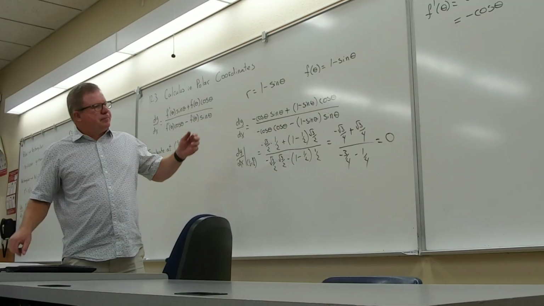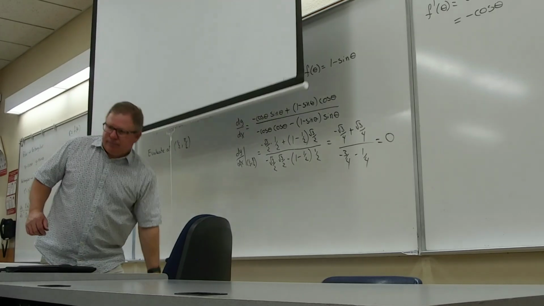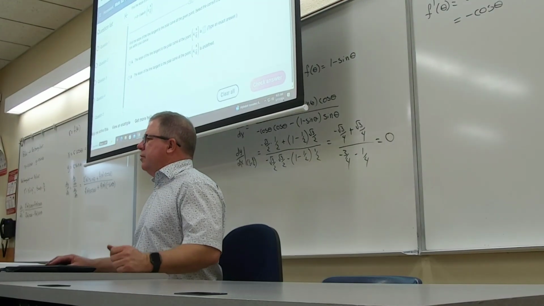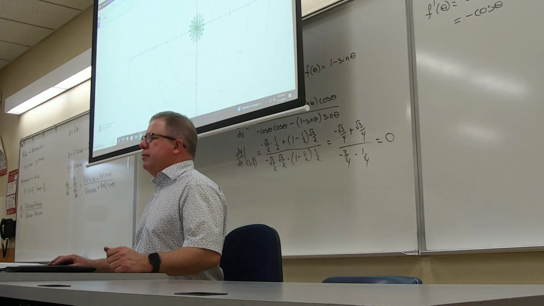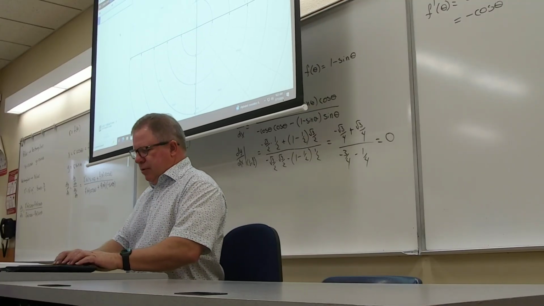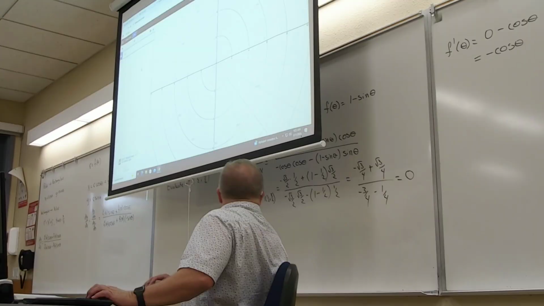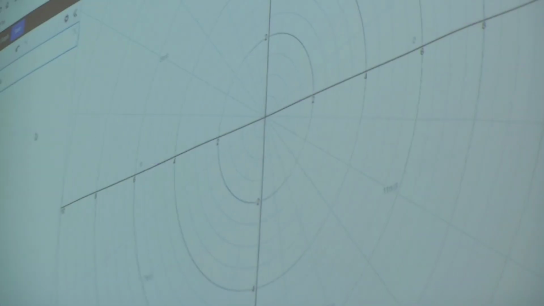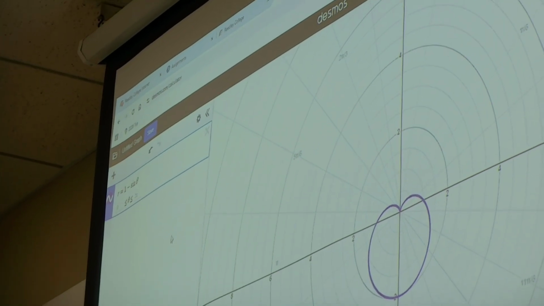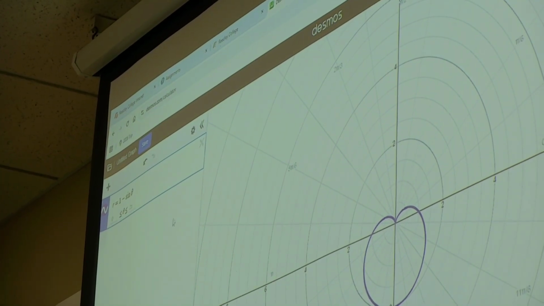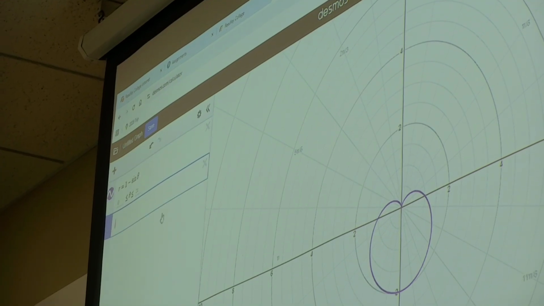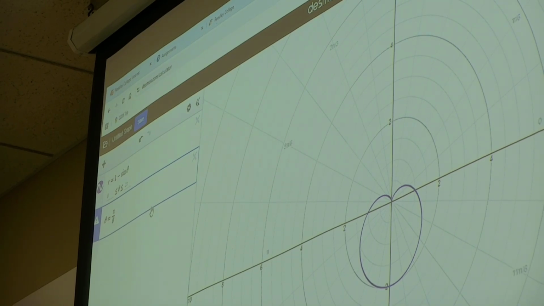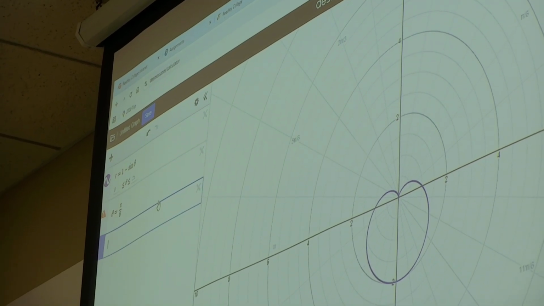Let's look at the graph. Okay, there it is. And at pi over 6, well, I thought it would give us the line.